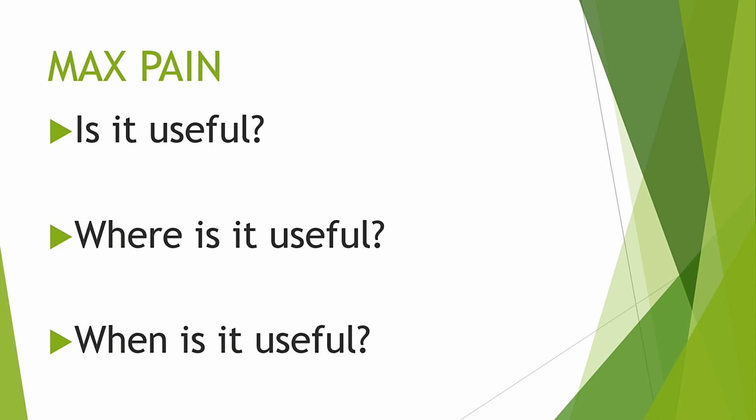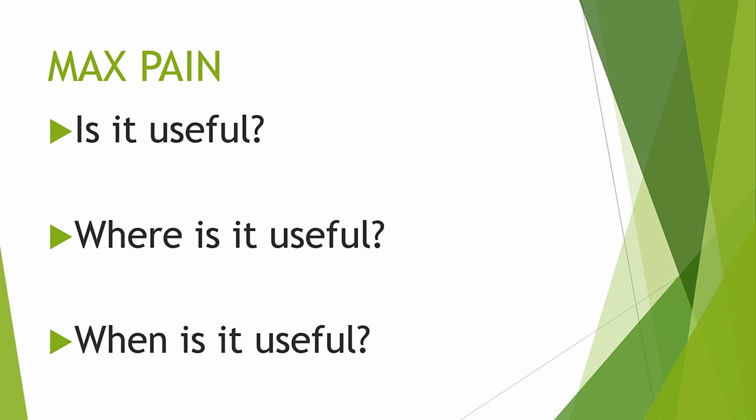Max pain is most useful on expiry day if it is useful at all. As options expire on this day, option sellers want it to expire at the max pain level. So there is a chance of expiry around the max pain level, but a trade should not be based on this sole criteria.